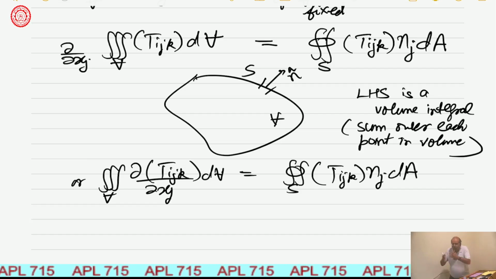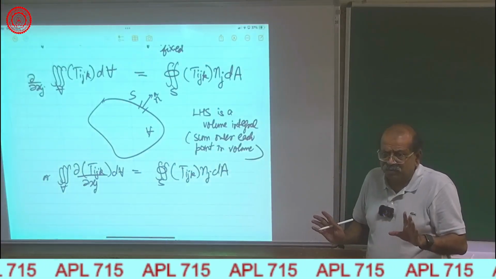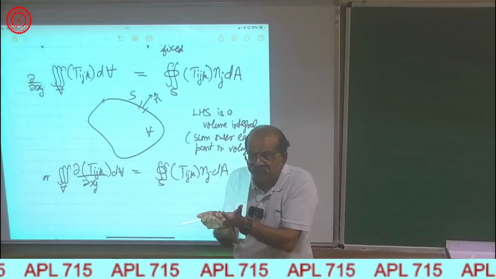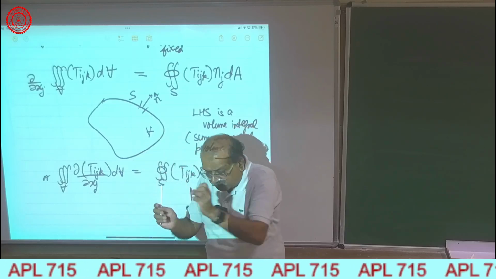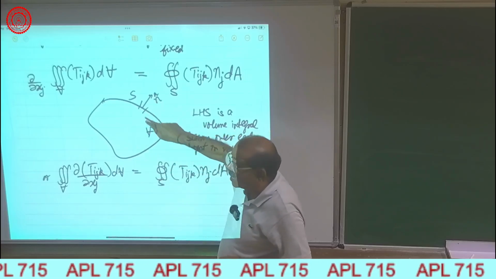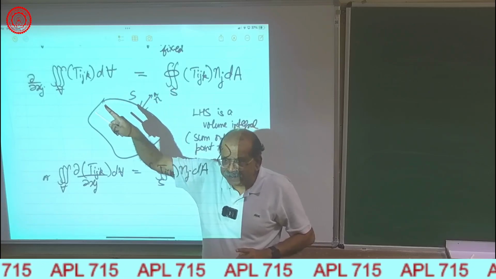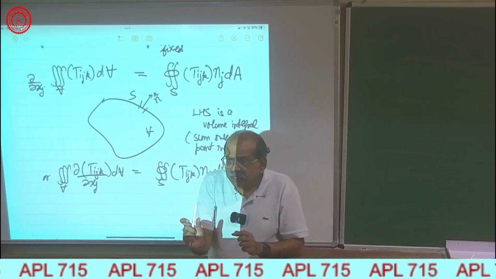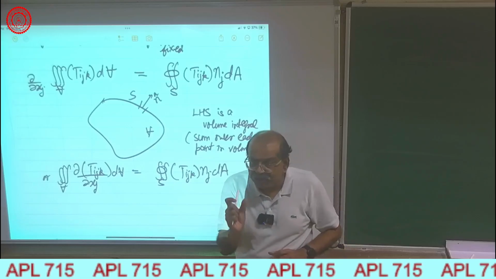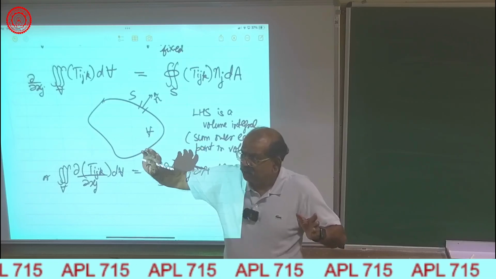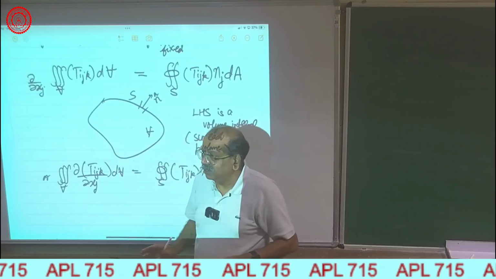So that means to calculate the right hand side, I don't have to go inside the volume. I only have to travel all along the closed surface. Now this is in general, if it's a three-dimensional surface, then I have to go all around the surface. At each point, outward normal is vector n. I take a dot product of n with tijk, because there is a j common. So that's why I'm saying it's a dot product. And sum it only on the surface. And that will give me the volume integral.